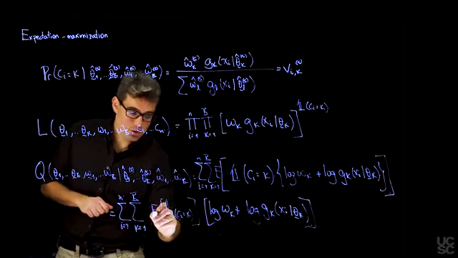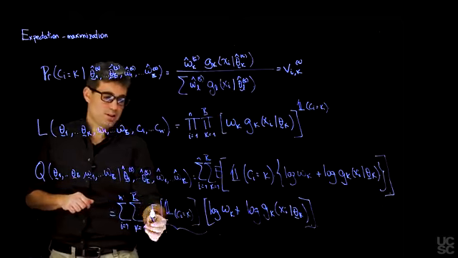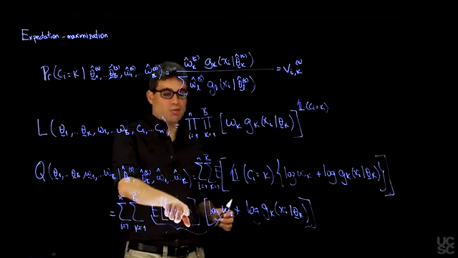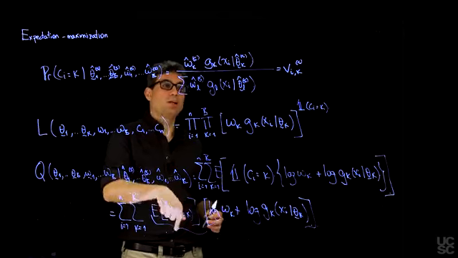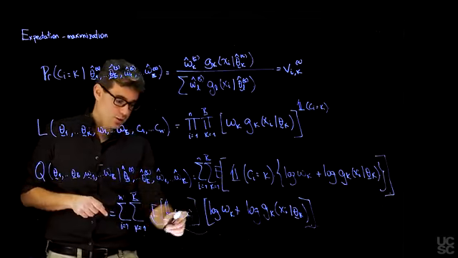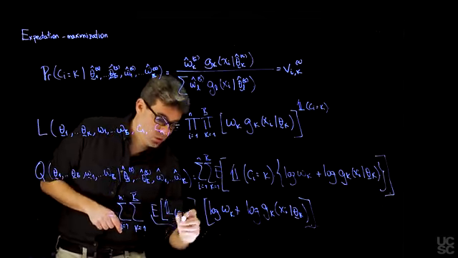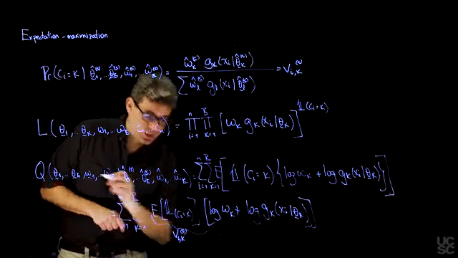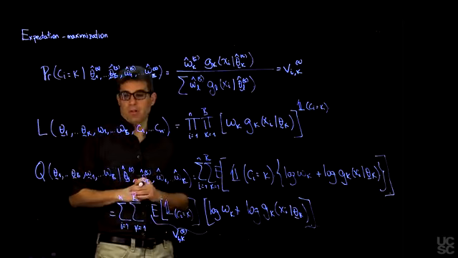In this expectation, it's the expectation of an indicator. By definition, the expectation of an indicator of an event is just the probability of that event. And so that just means that this expected value is simply this value B_ik of s that we had just computed up here.